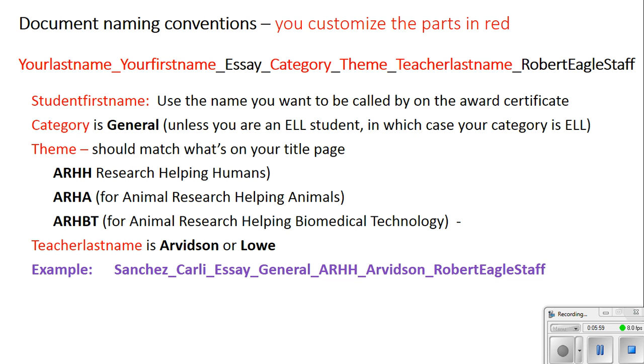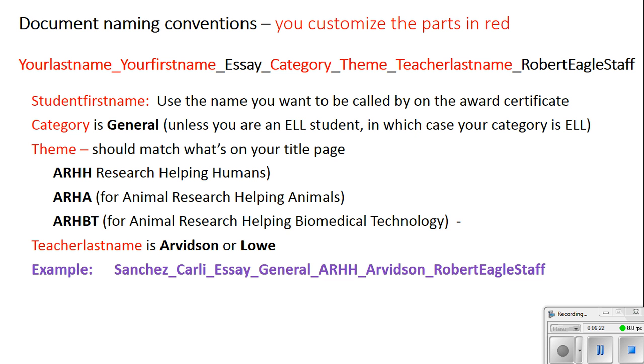For your student first name, you can use the name you want to be called on your award certificate. It doesn't have to be your official name. The underscore is created by holding down the shift key and pushing the line key that's next to the 0 at the top of the keyboard. So shift line, that's underscore.